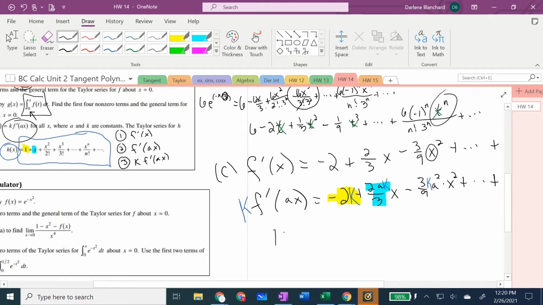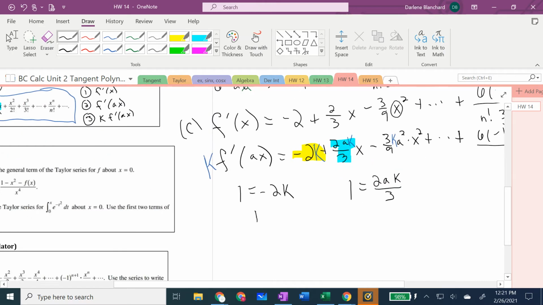So 1 has to equal negative 2k, and the coefficient of 1 in front of the x has to be 2a times k divided by 3. And then I can see that k is negative 1/2.